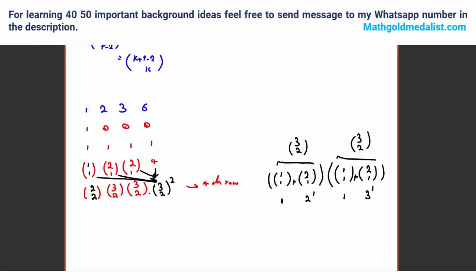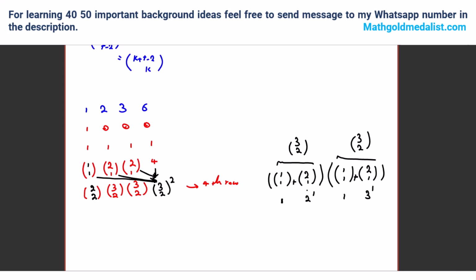Oh wait, how did we get 1 choose 1? 2 choose 1 squared. How do we get these numbers? The 1 choose 1 plus 2 choose 1 times 1 plus 2 choose 1. I said when we want to consider 6, do you agree we should consider 1, 2, 3, and 6?